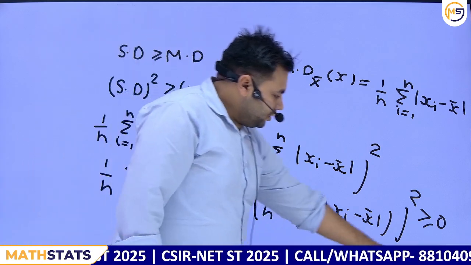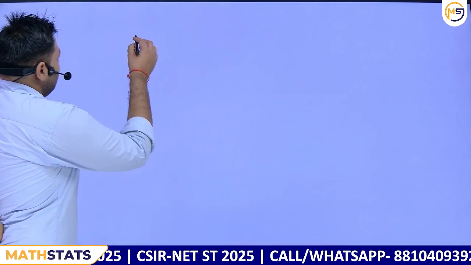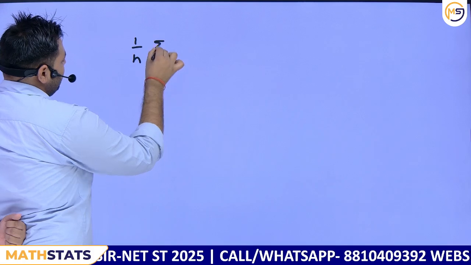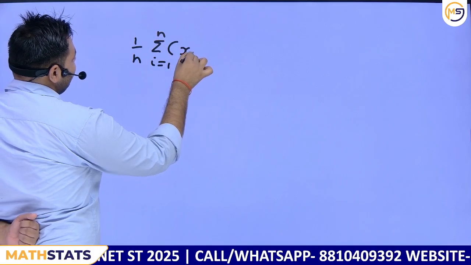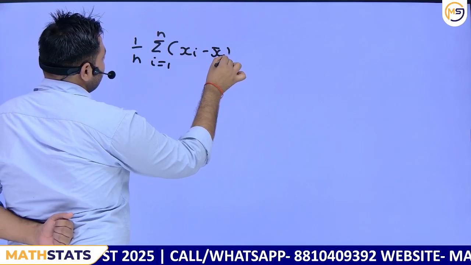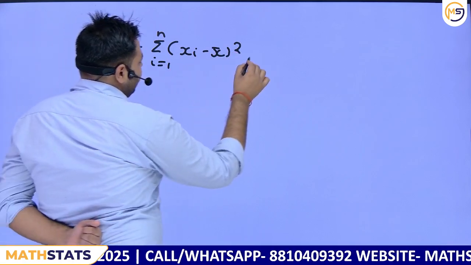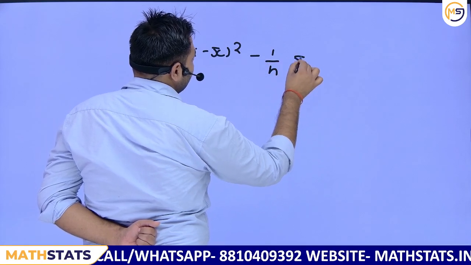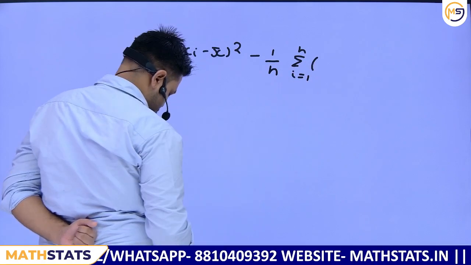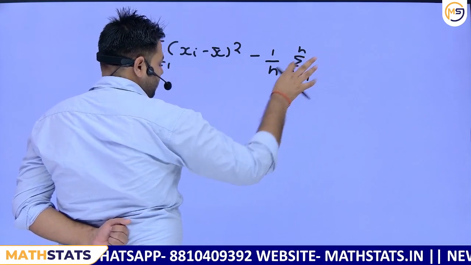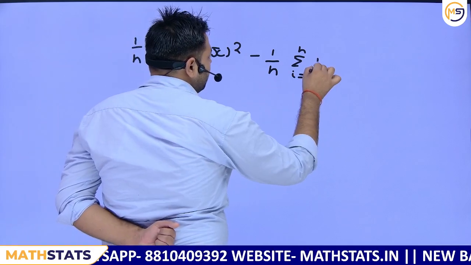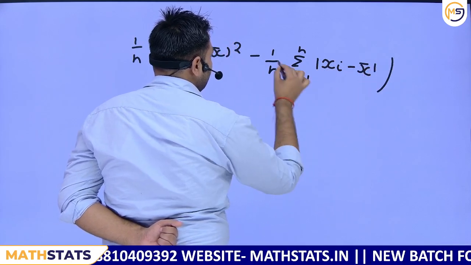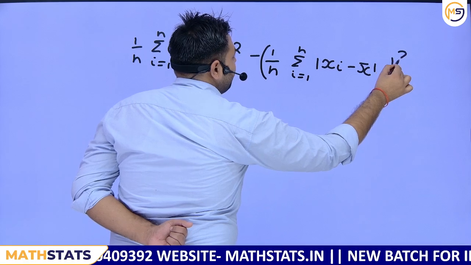Okay, so now I am getting 1 upon n summation xi minus x bar square minus 1 by n summation i equal to 1 to n, mod of xi minus x bar square.